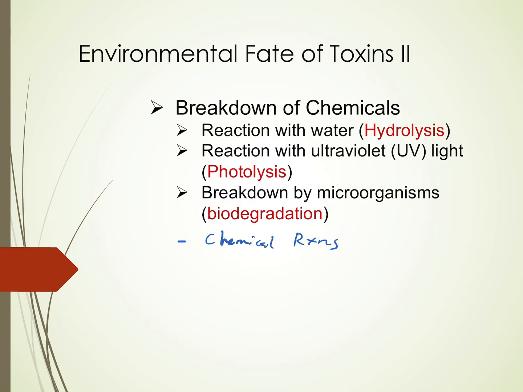We call these oxidation reduction reactions. I talked about it in the renewable energy section with fuel cells. Just realize that there are other things other than hydrolysis and UV light. You can have species in the soil that actually can attack the chemical, like iron or manganese, some elements that will react and break it down. This is specifically with microorganism biodegradation.